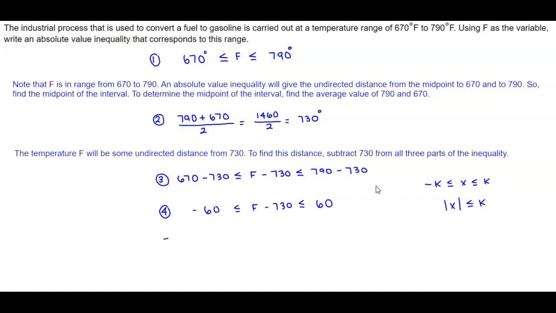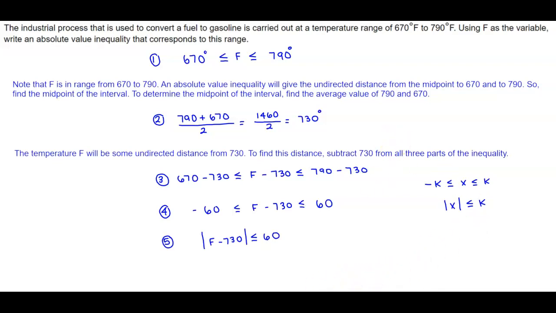So in this case, we're now going to write this as the absolute value of the expression F minus 730, which is less than or equal to the positive value of 60, and there is our expression.